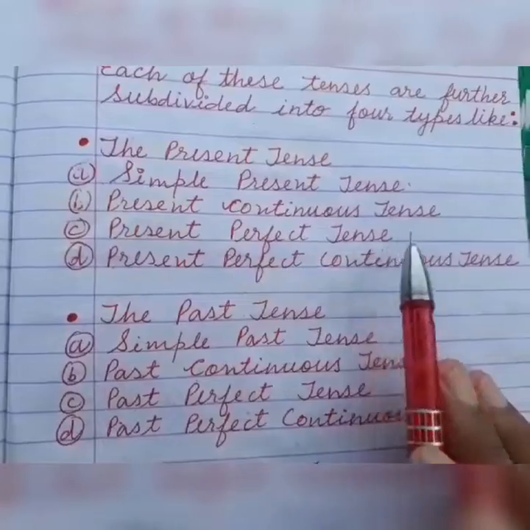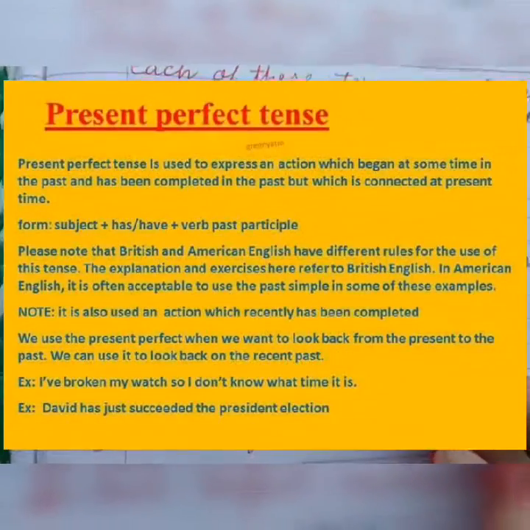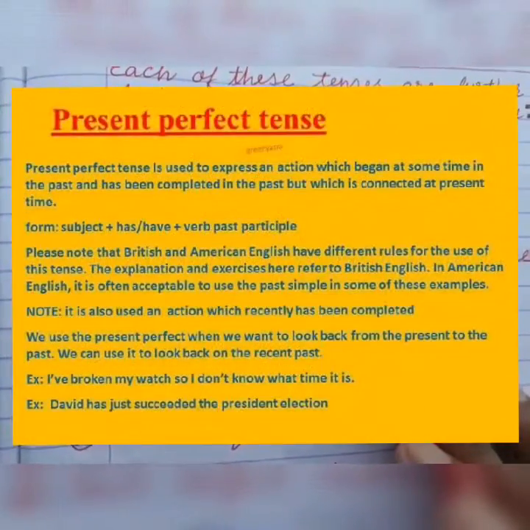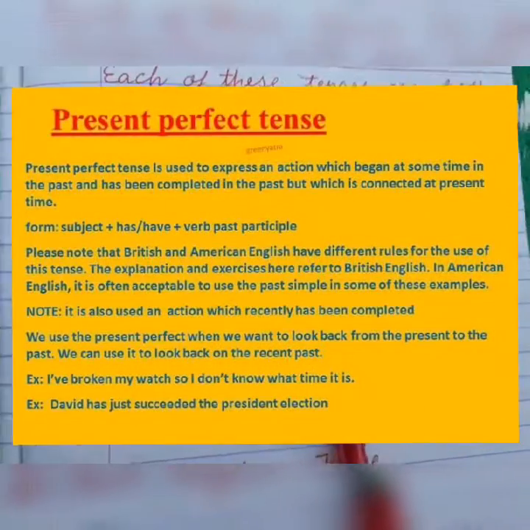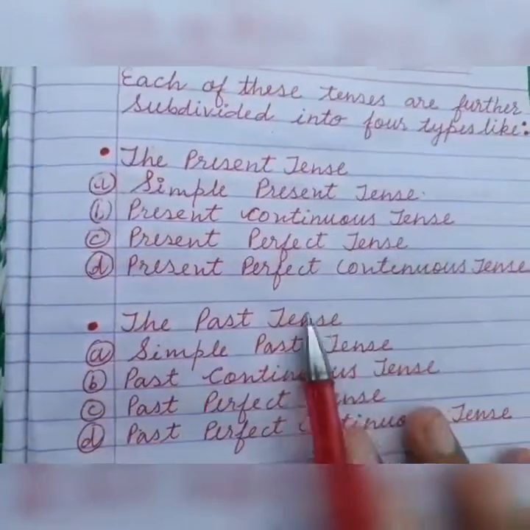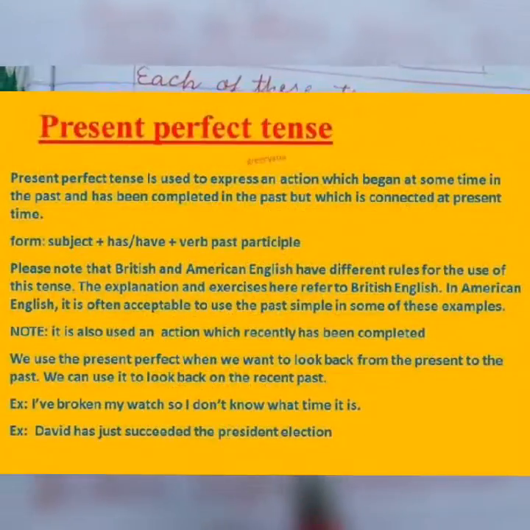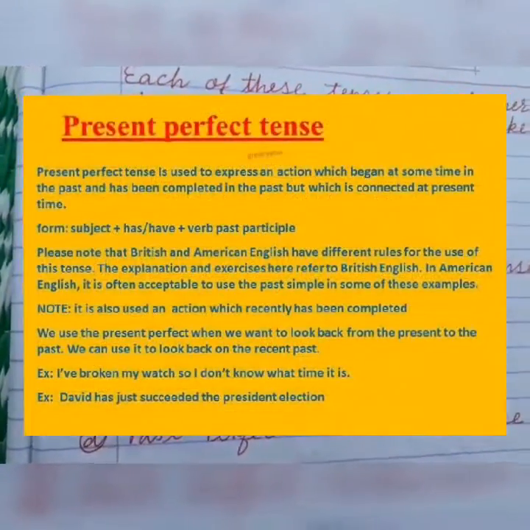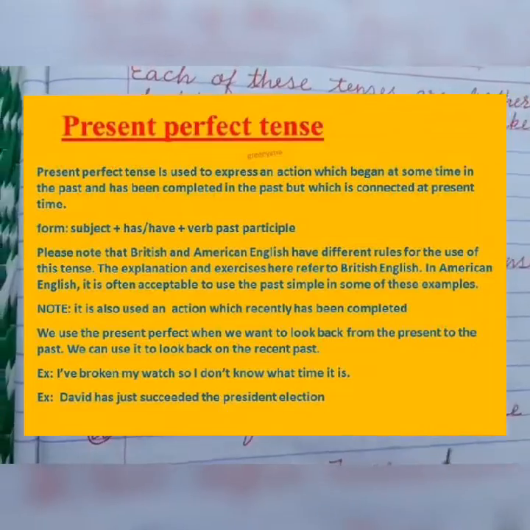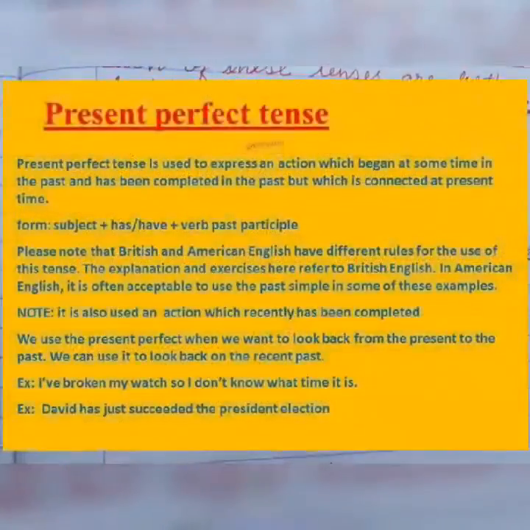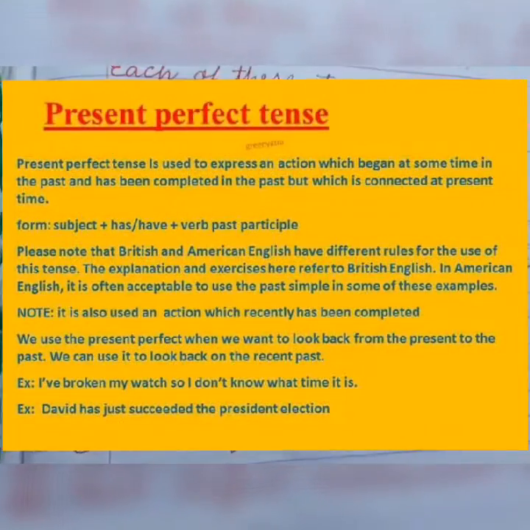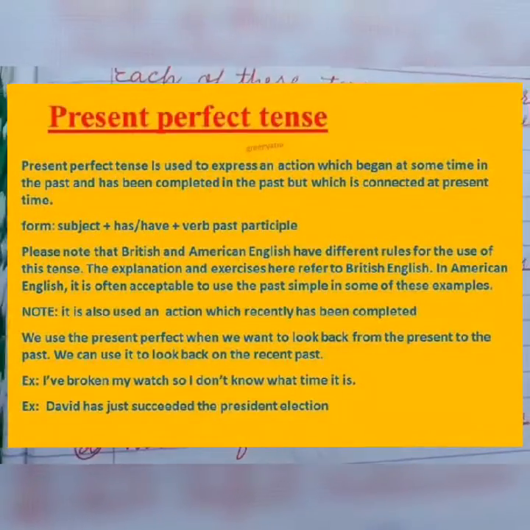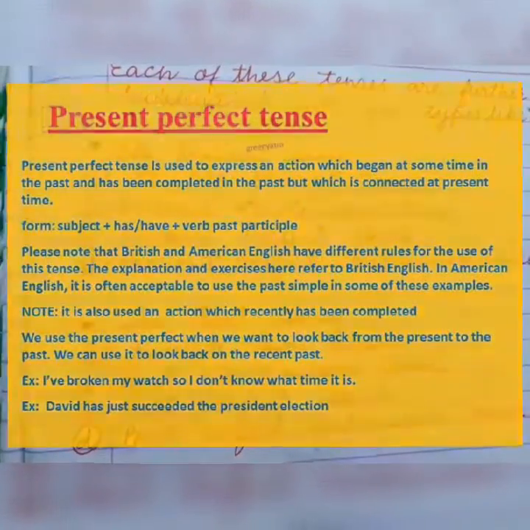For present perfect tense, understand it very easily: if any work is completed but its effect is in present time also, there you should use present perfect tense. Suppose you hurt your knee and it is still paining, then you will say I have hurt my knee. And suppose you have eaten in the morning and now you are not hungry, meaning its effect is not in present time, then you will say I ate in the morning.